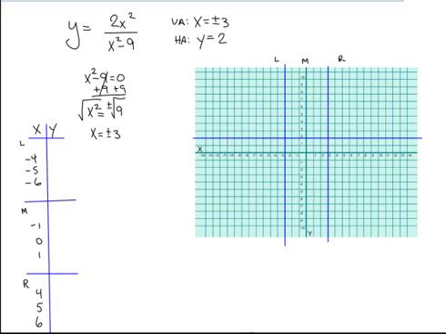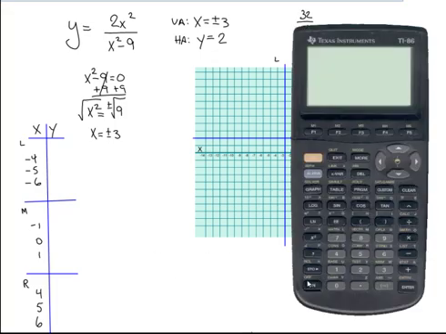Again, feel free to use your calculator to help you do this. If I plug in negative 4, squared is 16, times 2 is 32, over negative 4 squared is 16 minus 9 is 7. So you end up with 32 divided by 7. If I pull my calculator up, 32 divided by 7 gives us an answer of about 4.6.